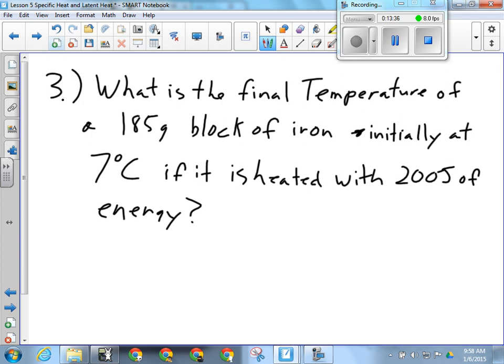What's the final temperature? Not the change in temperature. What's the final temperature of a 185 gram block of iron initially at 7 degrees Celsius if it's heated with 200 joules of energy?